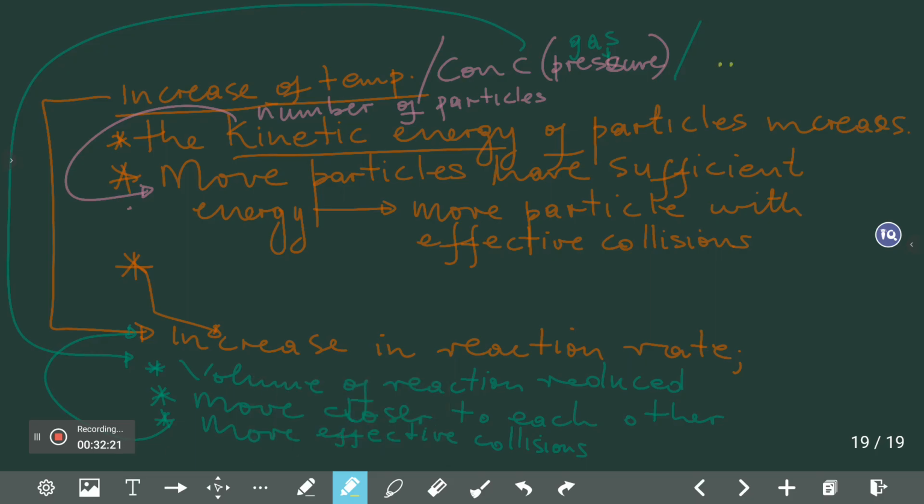And if you have more particles with sufficient energy, then you have more effective collisions. Take note that when you are arguing here, you always want to show how the effective collisions are increased. Okay, that was the last question.